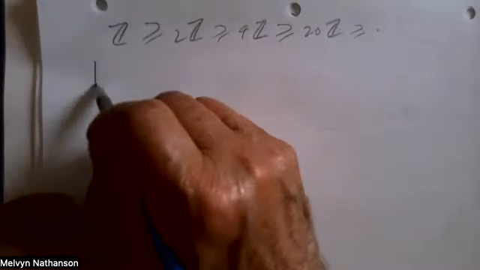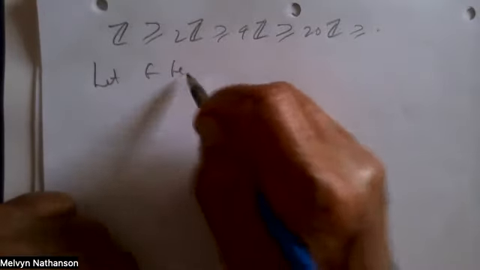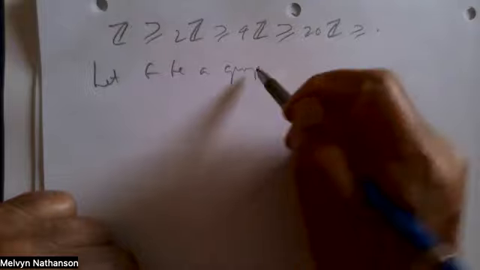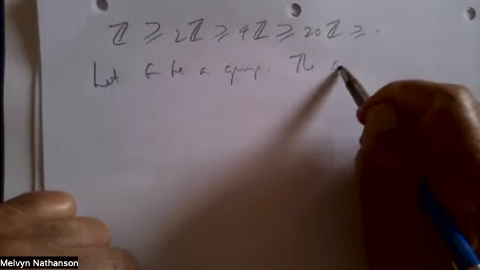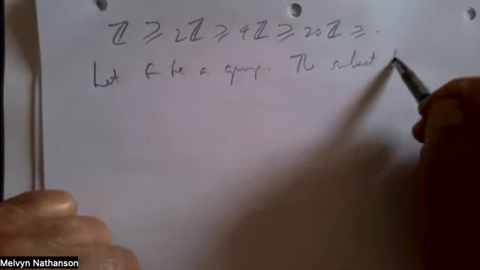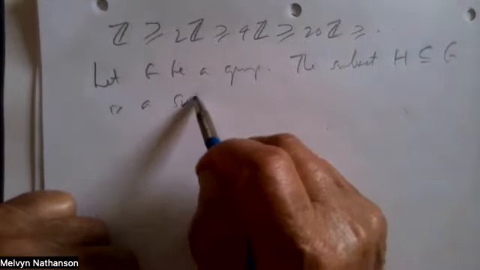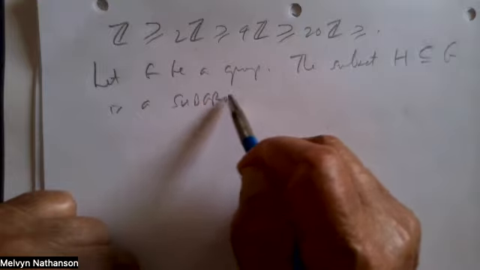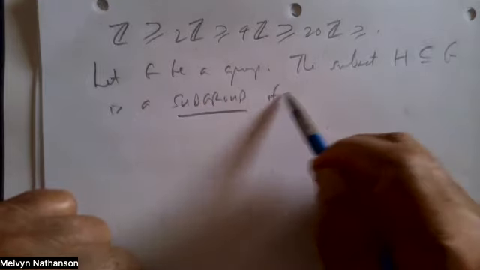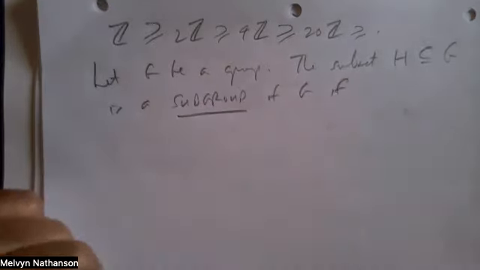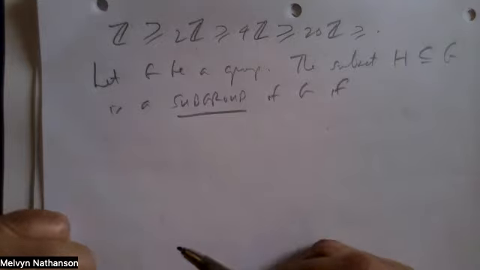And we say that the following, that G be a group, the subset H contained in G is called a subgroup of G if all by itself it's a group.